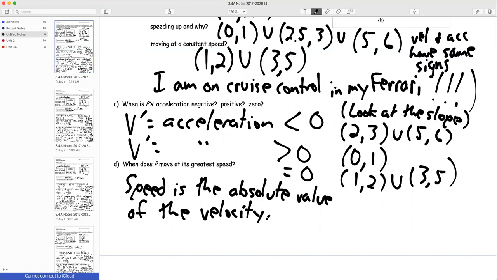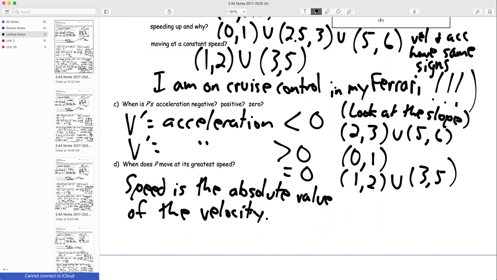And that makes sense if you think about it. We don't talk about, hey, I was driving negative 30 miles per hour or negative 150 miles per hour in my calculus Ferrari, right? Speed is always positive.